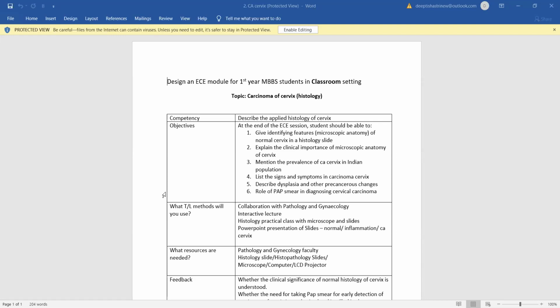On both aspects, we have to select a few topics, and whatever the core topics we can conduct, we have to conduct. It may depend on the feasibility of the institute. We can arrange the different topics for the ECE depending on the feasibility of the institute, whatever cases we have, especially for the hospital setting.